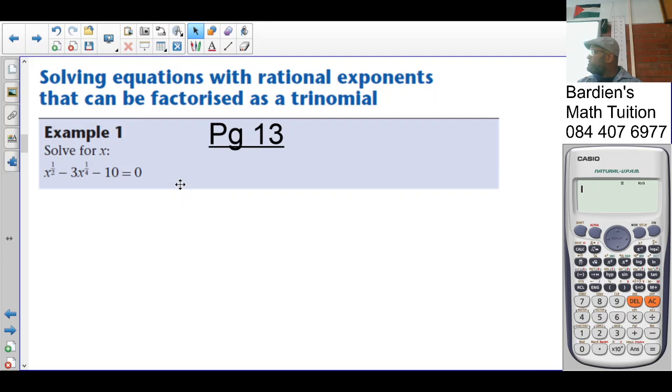So you're looking at example 1 on page 13.